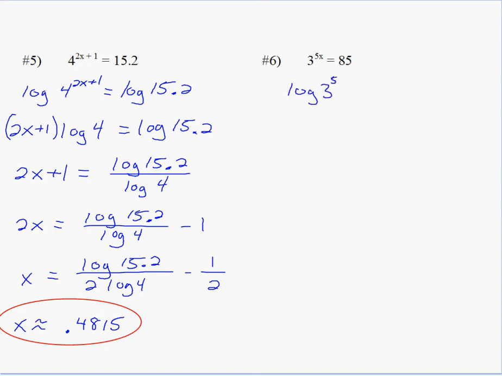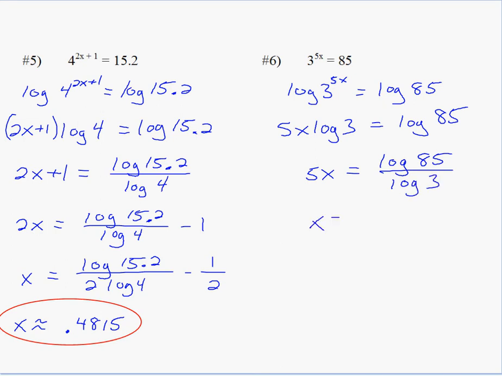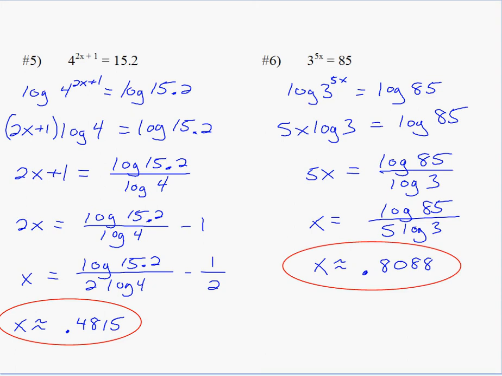Number 6, if we log both sides, it pulls the exponent out to the front. You divide both sides by log of 3, and divide both sides by 5. Put that in your calculator. You get x is about 0.8088. Once again, when you put this in your calculator, put parentheses around the entire denominator because there's more than one thing in it.